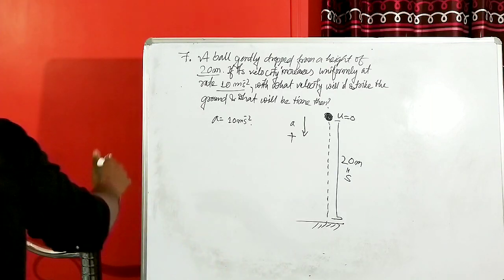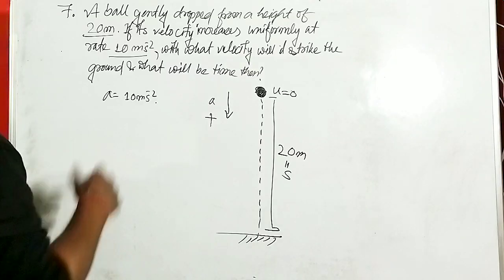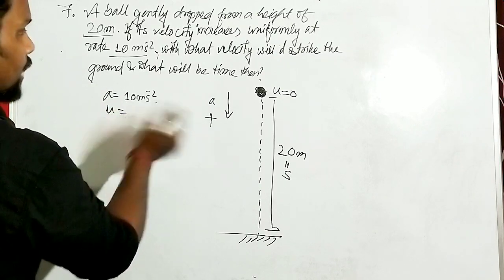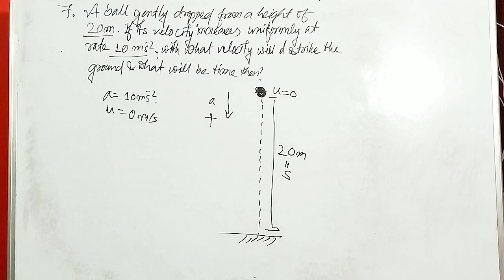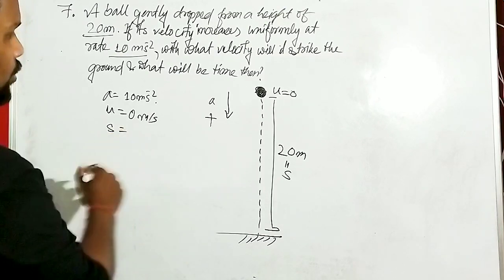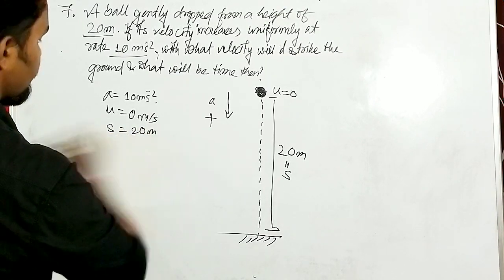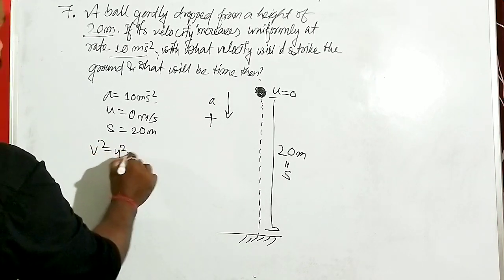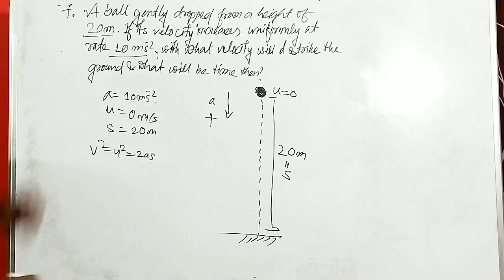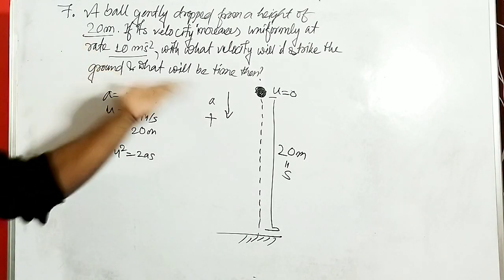Now we'll solve this. a is given, and u is 0 meter per second, and s is almost 20 meter, right? We'll use the formula v square minus u square equal to twice a s. We can't use s equal to ut plus half at square, because we don't know the time; we have to calculate the time.